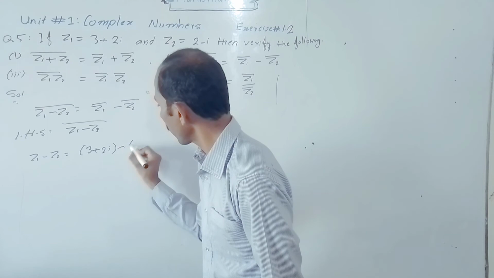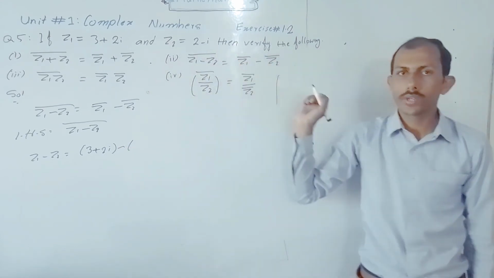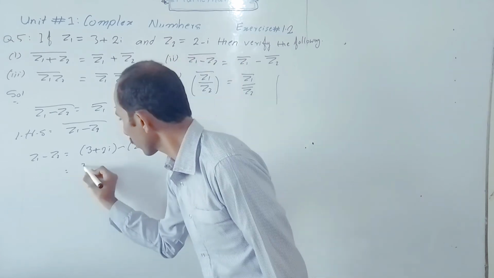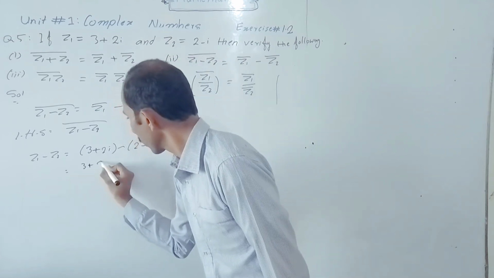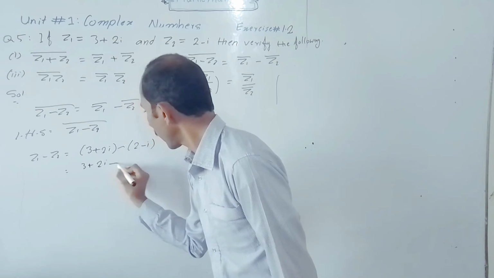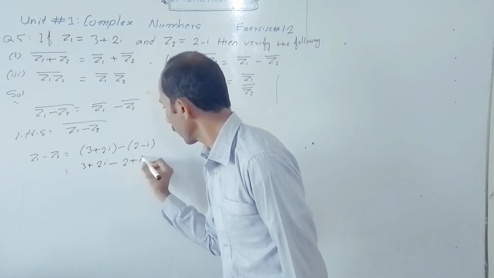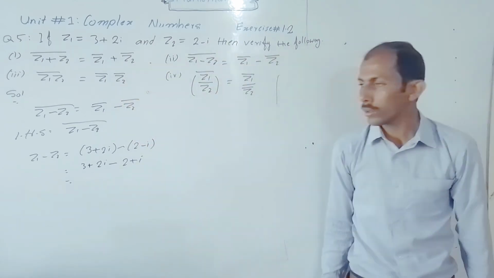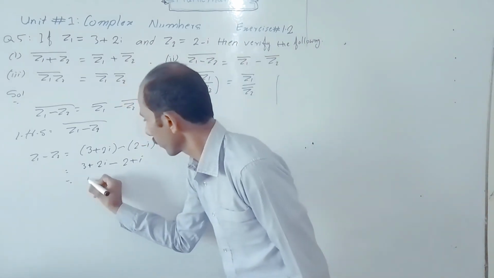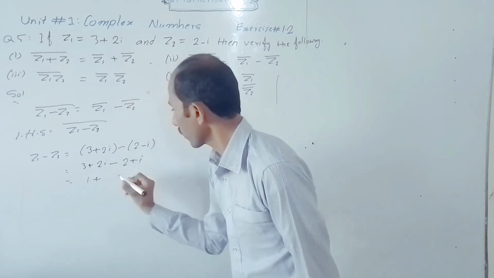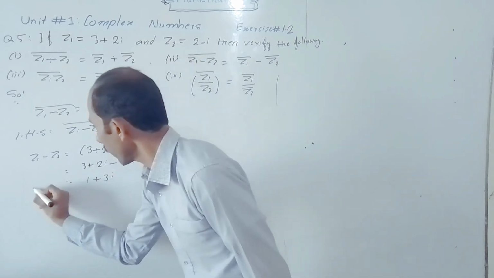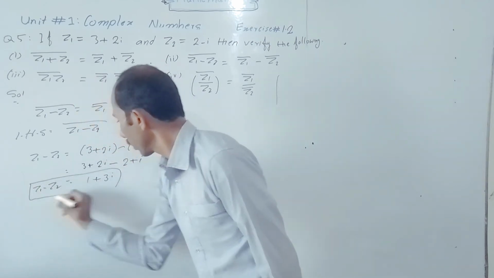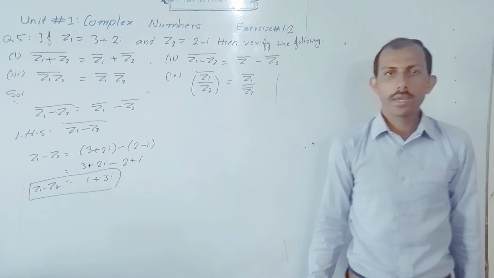3 plus 2 iota minus Z2, which is 2 minus iota. So which is equal to 3 plus 2 iota minus 2 plus iota, which is equal to 3 minus 2, which is 1, plus 2 iota plus iota, 3 iota. So Z1 minus Z2 is equal to 1 plus 3 iota.